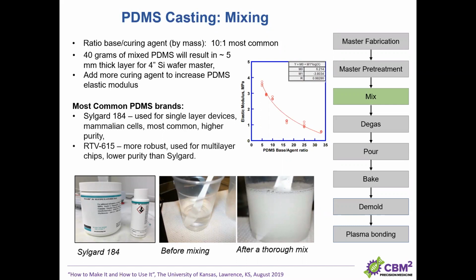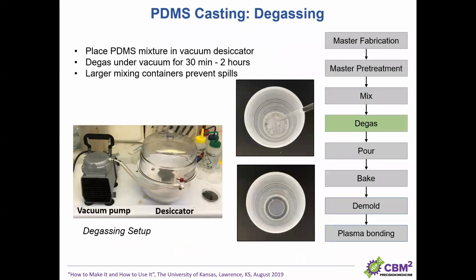In order to avoid defects in your device from entrapped air bubbles, we do degassing, which means you take the whole cup of PDMS in which you can see bubbles, put it in a desiccator or any vacuum chamber connected to a vacuum pump, and evacuate for 30 minutes to 2 hours. Slowly, under the reduced pressure, the bubbles will come out to the surface and your PDMS will be completely bubble-free.